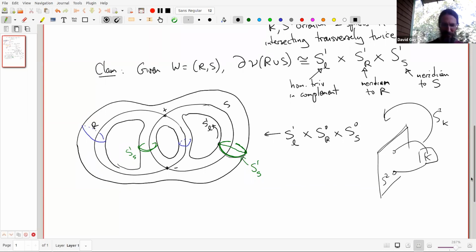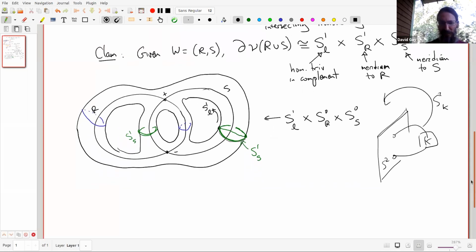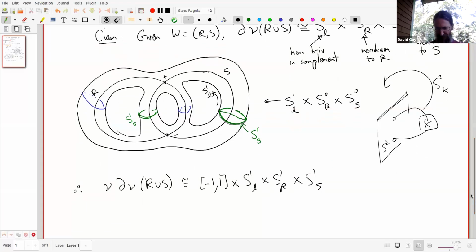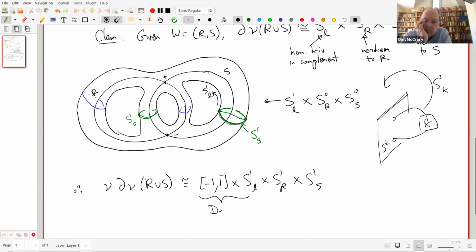From this you get that the boundary of the neighborhood of R union S will be, taking the outward normal first convention, S1 sub L cross S1 sub R cross S1 sub S. And then there's a very natural self-diffeomorphism of this manifold, where you take a Dehn twist here.